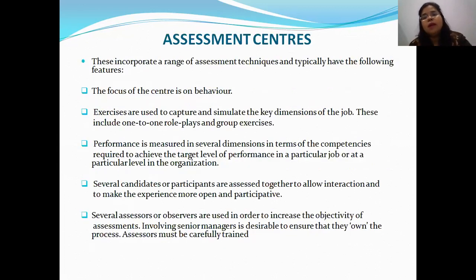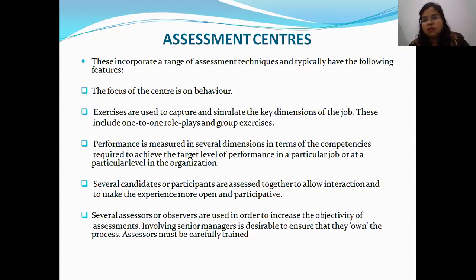Then we talk about assessment centers. Now, assessment center, as I told you, is a technique in which we apply different exercises and different tools to judge the behavior and the different capabilities of the candidate. So here are some features of the assessment centers.